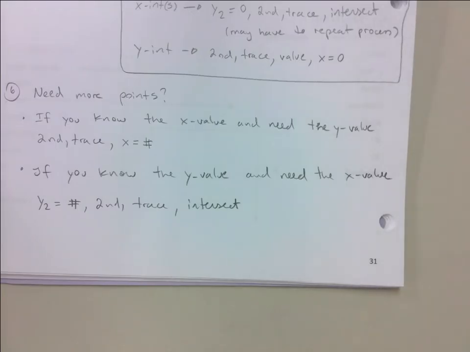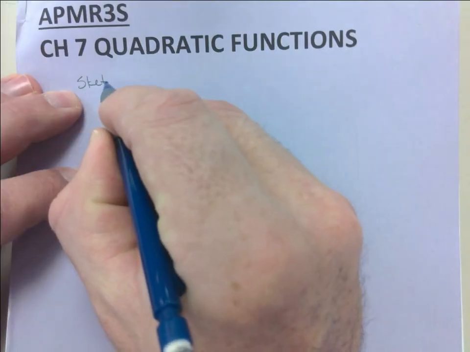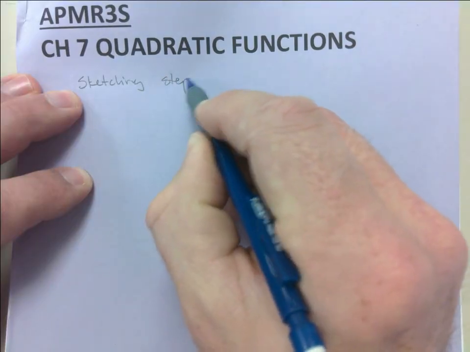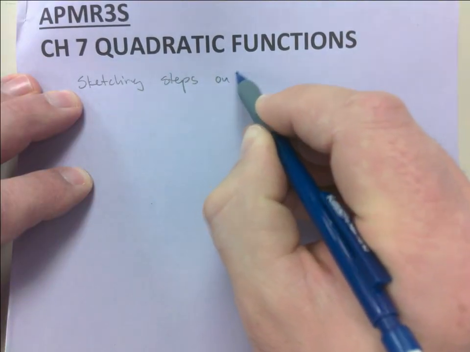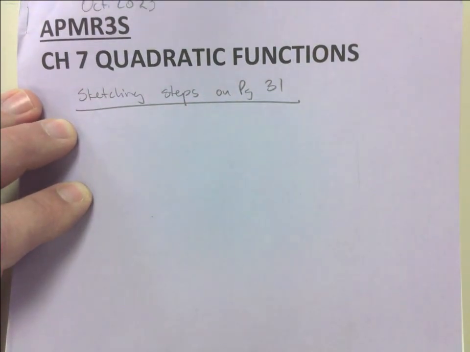Tell yourself at the very front of your booklet that that's where you find it. So I'll do that right now. Sketching steps on page 31. Okay, so there we go.